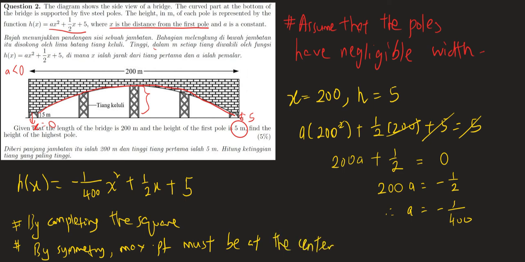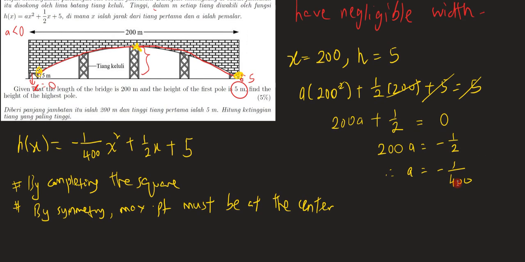Quadratic functions have one special symmetry property. Because we know these two have the same height, it means that the highest point must be at the very center. So the highest point is at x equal to 100, the actual center.